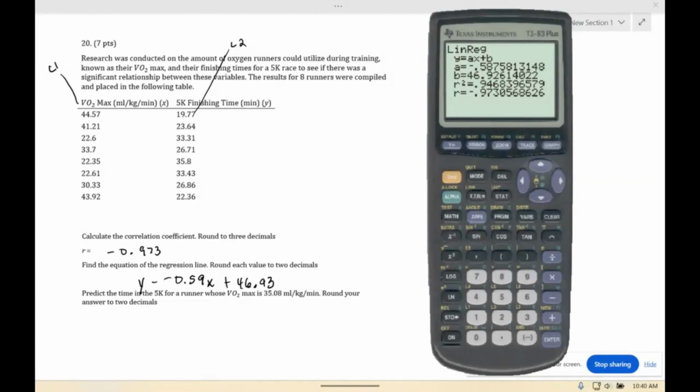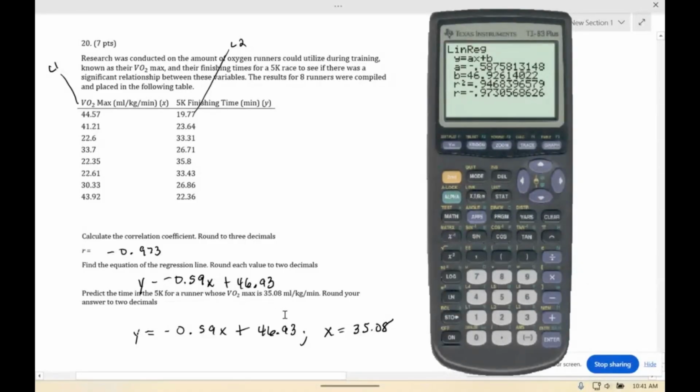So here I'm going to use that equation, y equals negative 0.59x plus 46.93, and I'm going to substitute x for 35.08.